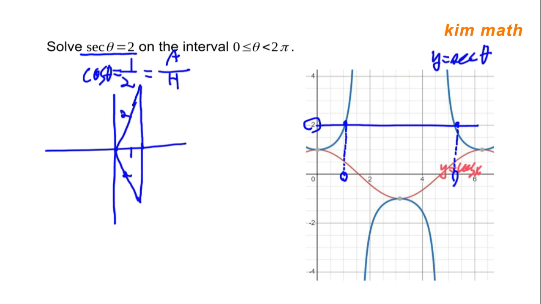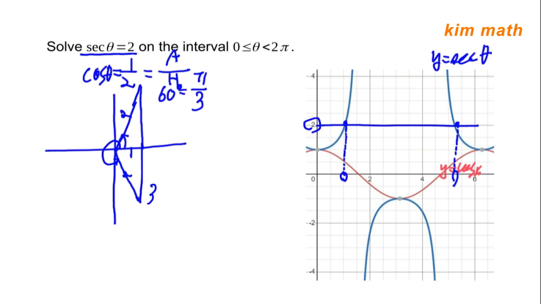So please note that this is a special triangle whose reference angle is 60 degrees. So definitely the first answer is 60 degrees, right? Or pi over 3. And how about this one? If you move 60 more, you will hit the starting point, or 360 degrees.